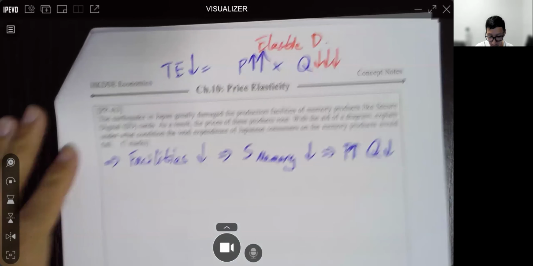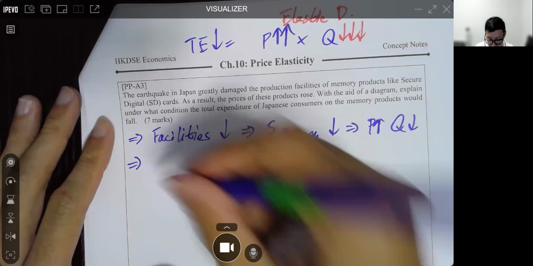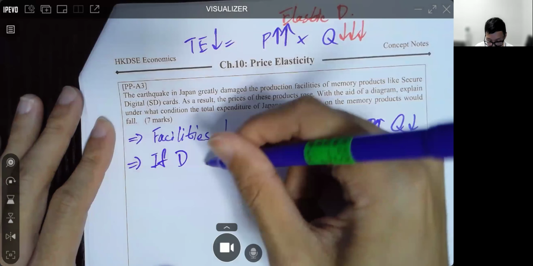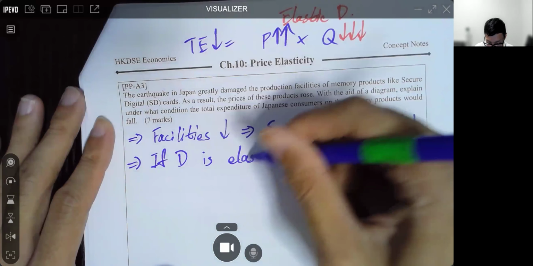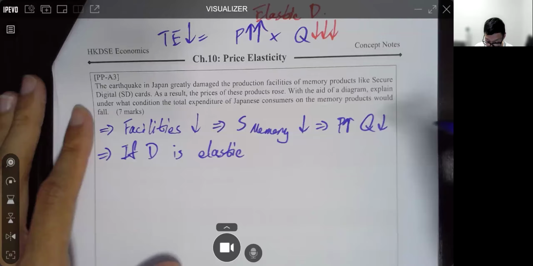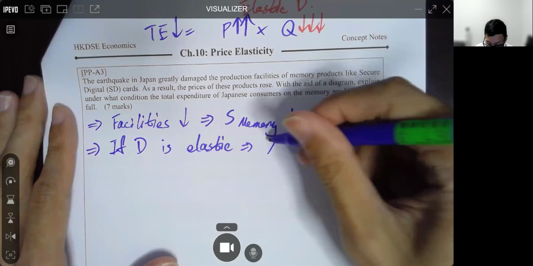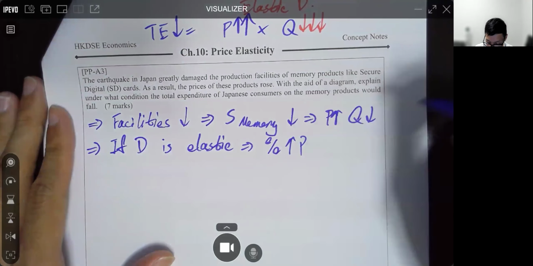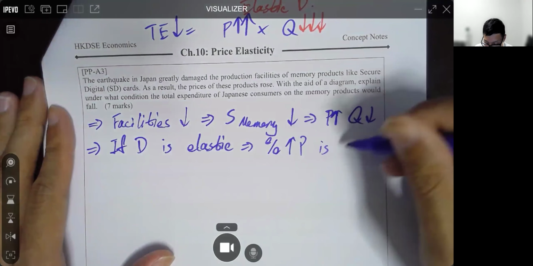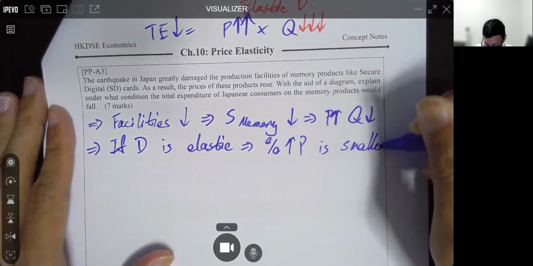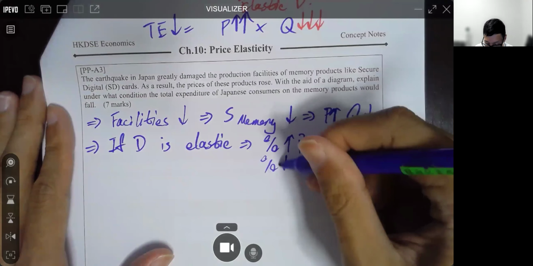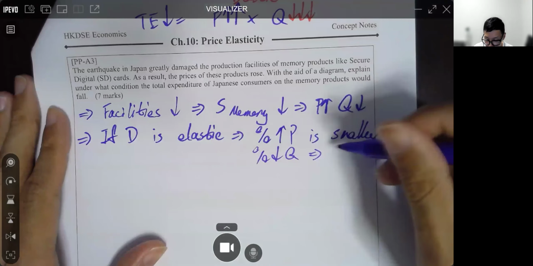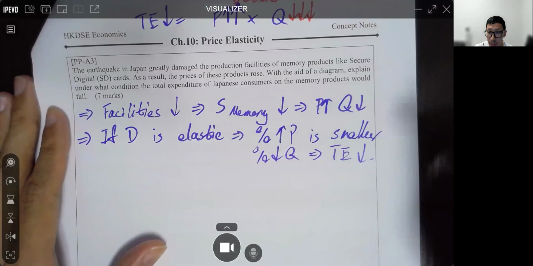Now, therefore, to answer, we say if demand is elastic, 嗱未完啊，唔好咁快完啊。The percentage increase in price is smaller than the percentage decrease in quantity. Therefore, total expenditure would drop.